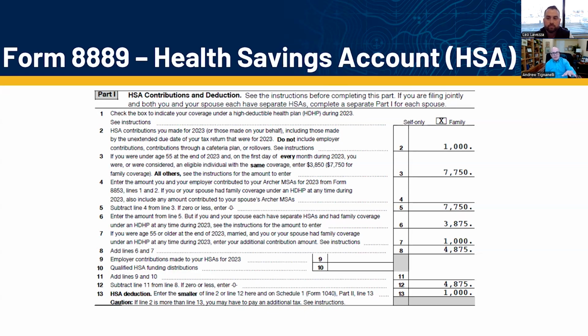And if it was the one who had the plan, Leo, and they were supposed to put in, let's say, $7,750, and they only put in $6,750, it would say to them, hey, you could still do $1,000. That would be line 12. If there's a number on line 12 and you haven't contributed it, you can contribute that extra amount.